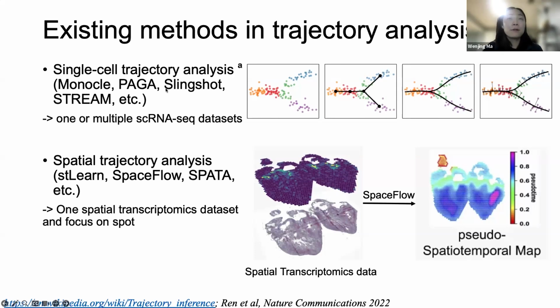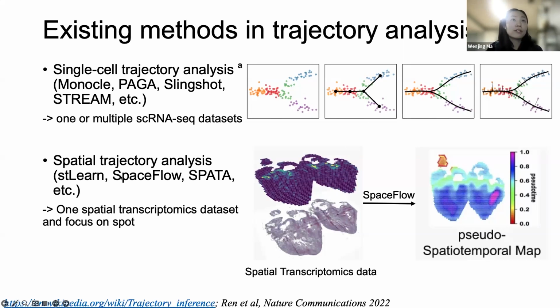But the limitation is that they only take the single cell RNA sequencing data, and do not consider the spatial locations that can be exclusively obtained from spatial transcriptomics data.